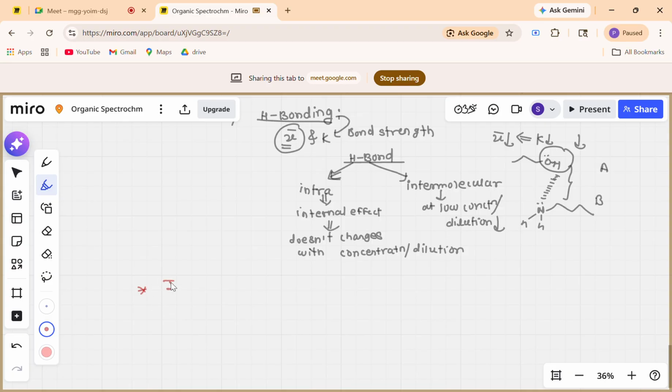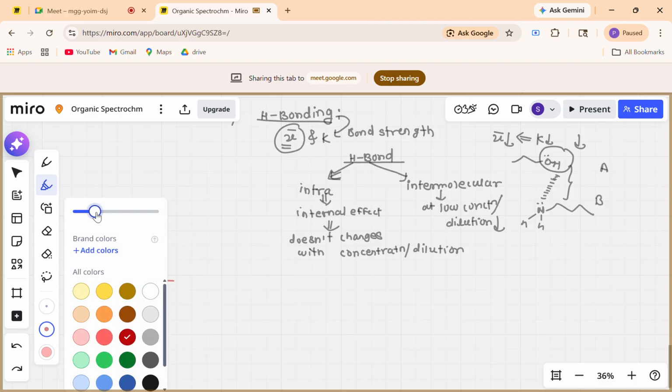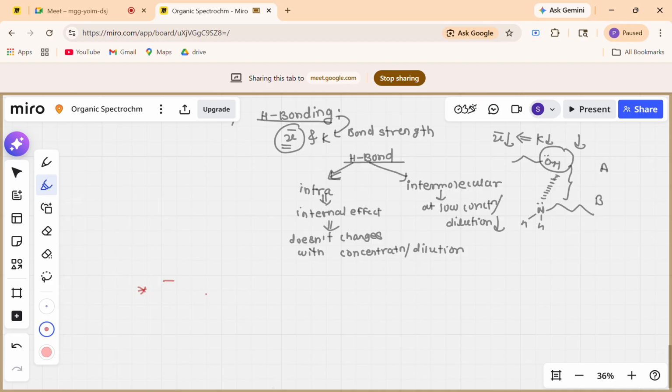So now we will move forward. Basically there is an IR chart we have to remember, so we'll first discuss that. So let us consider IR stretching.